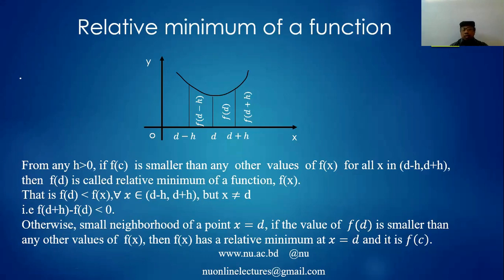Otherwise the similar explanation what I discussed already, smaller neighborhood of a point x equal to d, try to understand, smaller neighborhood of a point x equal to d, মানে x equal to d বিন্দুর খুব কাছাকাছি যে সমস্ত পয়েন্টগুলো থাকবে, if the value of f of d is smaller than any other values of f of x, just f of x এর যে কোনো ভ্যালু থেকে যদি f of d এর ভ্যালু স্মল হয়ে যায় তাহলেই আমরা বলতে পারি f of x has a relative minimum at x equal to d, তাহলেই কিন্তু আমরা বলতে পারি যে x equal to d বিন্দুতে f of x is a relative minimum.